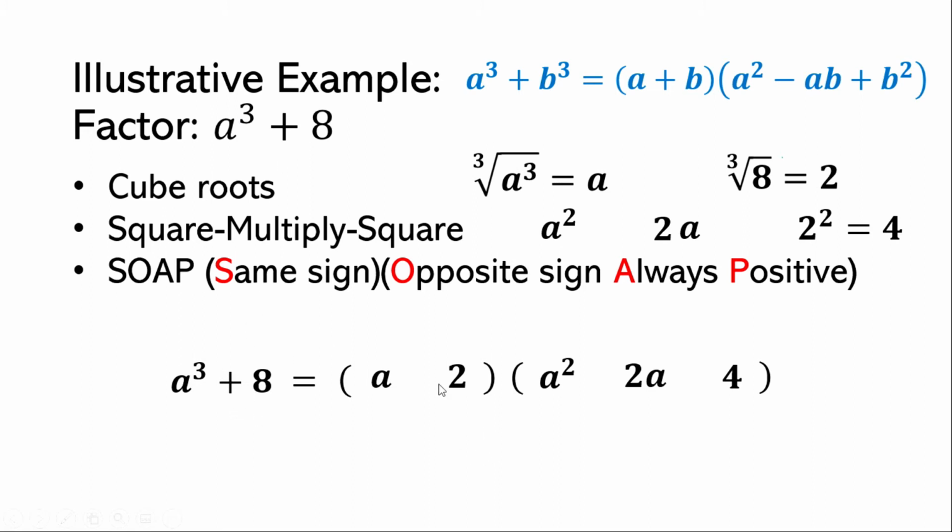So the first sign that we are going to use will be the same sign, plus. The second sign will be opposite of that plus, which is a minus sign. And the last part will be always positive. So then now we have a cubed plus 8 is equal to a plus 2 times a squared minus 2a plus 4.